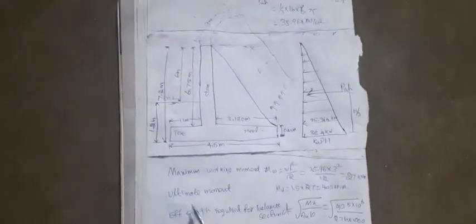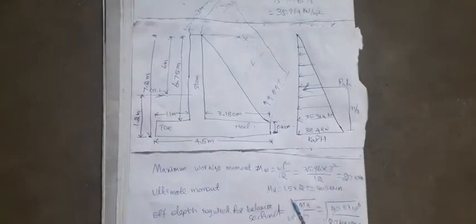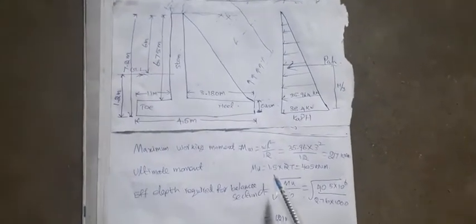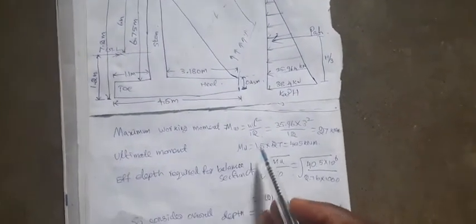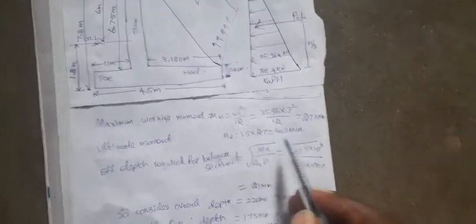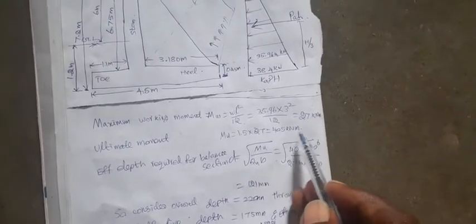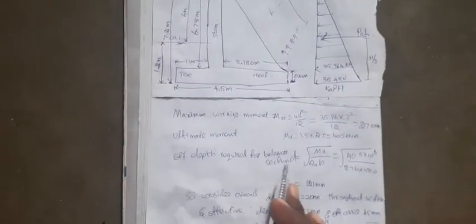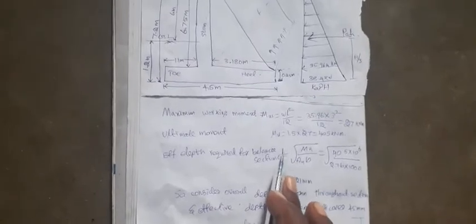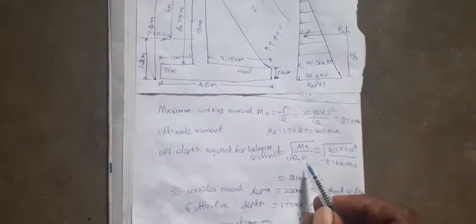So the ultimate moment is the factored moment. The factored moment is 1.5, the factor of safety, into 27. So its value is 40.5 kilonewton meter. So by RC design, the effective depth required for the balanced section is d equals square root of Mu divided by Qu b.